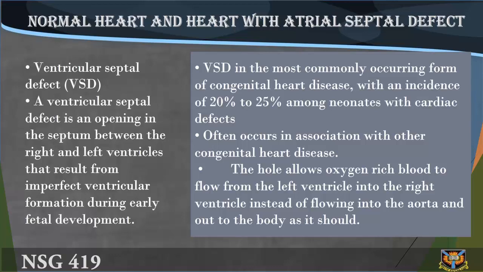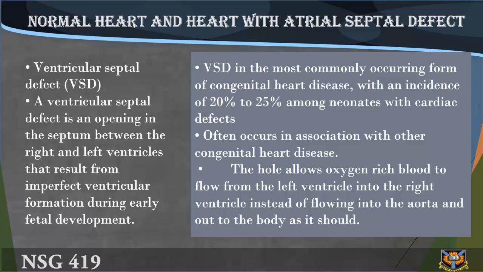VSD frequently occurs in association with other congenital heart disease. The hole allows oxygen-rich blood to flow from the left ventricle into the right ventricle instead of flowing into the aorta and out to the body as it should.